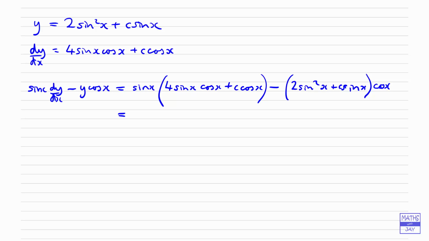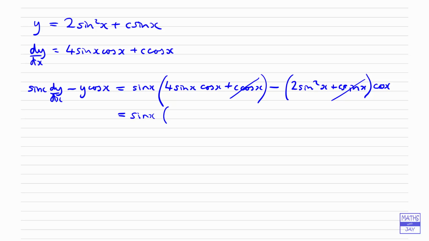Well, we've got a sine x in everything, haven't we? And we've actually got a sine x times c times cos x in both of them, haven't we? So we can actually cancel those to start with, so that what we're left with is, let's just take a sine x outside a bracket and see what we've got.